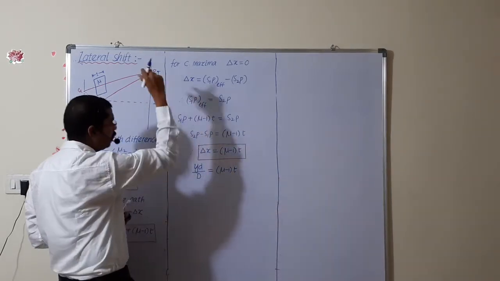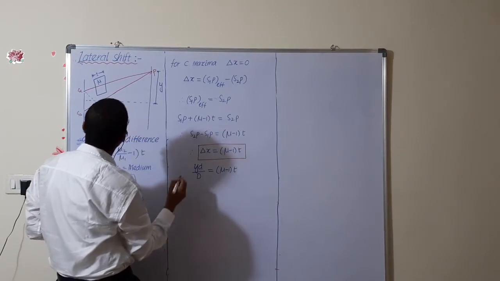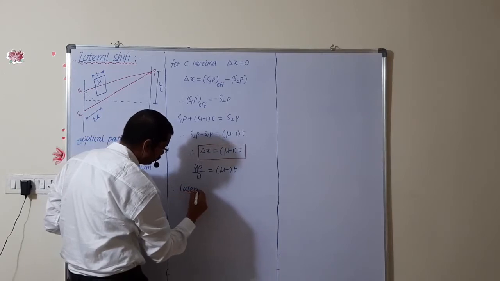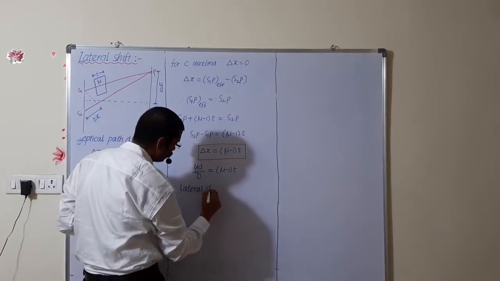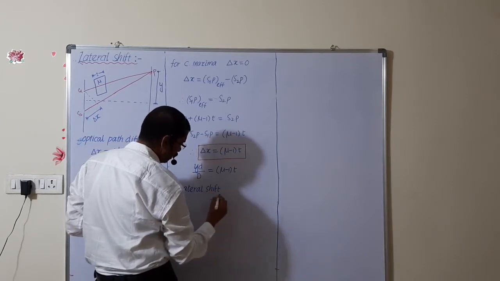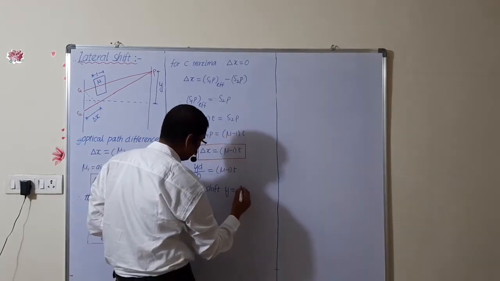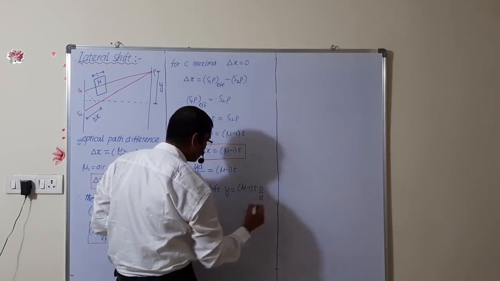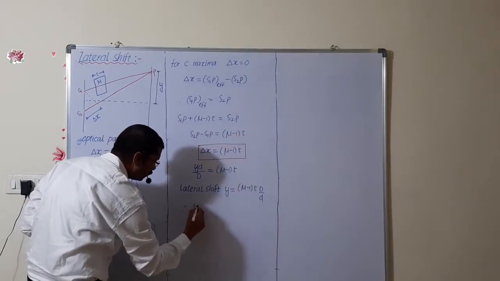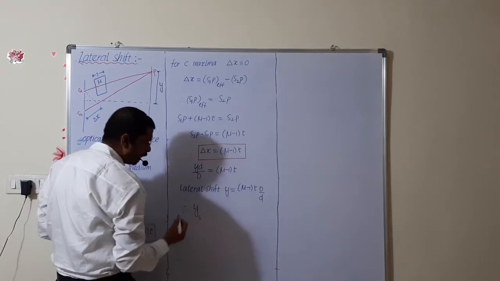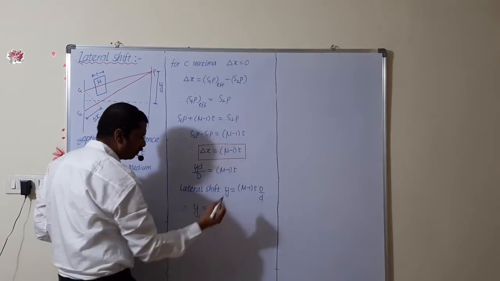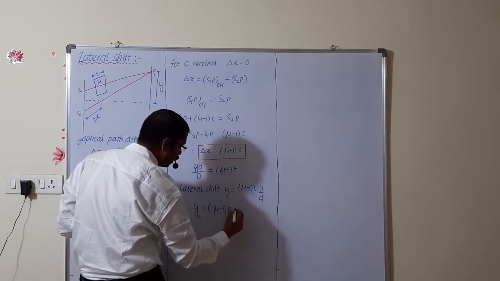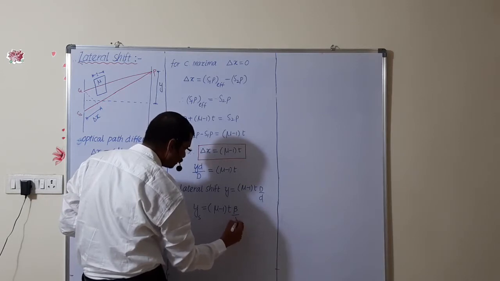But we want to find the y value, therefore the lateral shift y is equal to (mu minus 1) T capital D upon small d. That value is the shift y. I am writing the lateral shift is equal to (mu minus 1) into T times beta upon lambda.